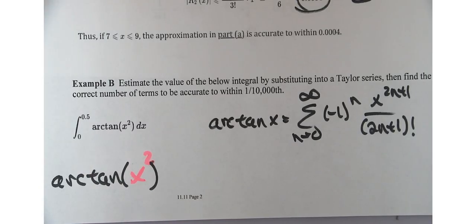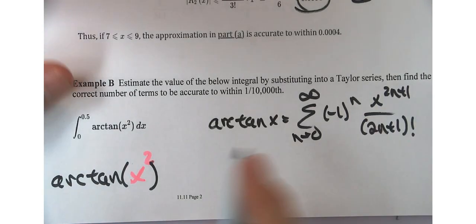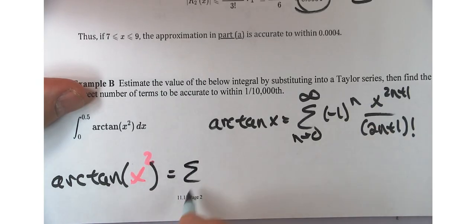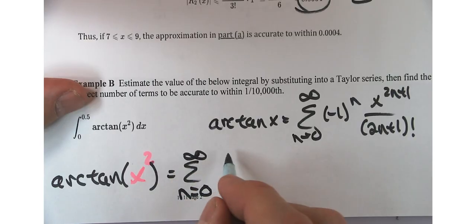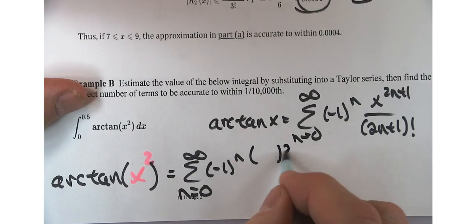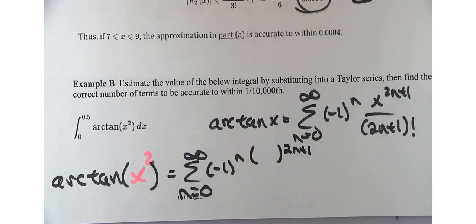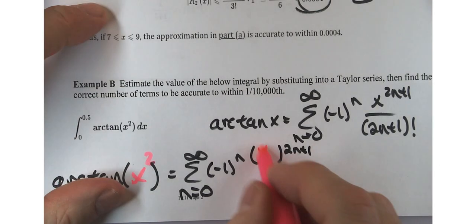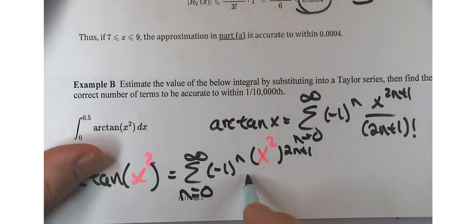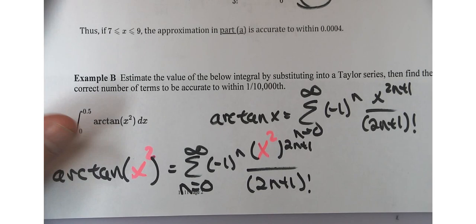So the series for arctan of x squared, I'm going to be plugging in x squared in here. So it's going to be the sum from n equals 0 to infinity of -1 to the n, and then, sorry about the cramped writing here, x squared to the 2n plus 1 over 2n plus 1 factorial, like that.